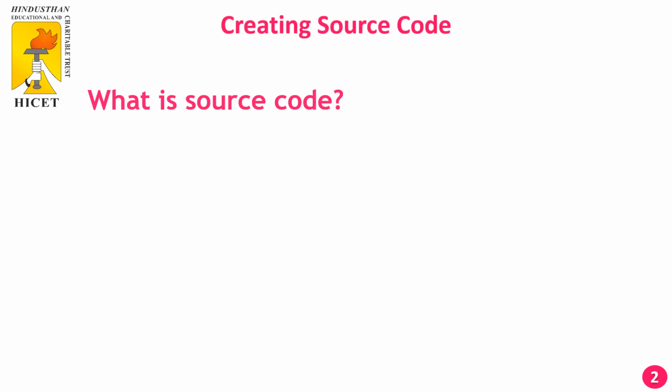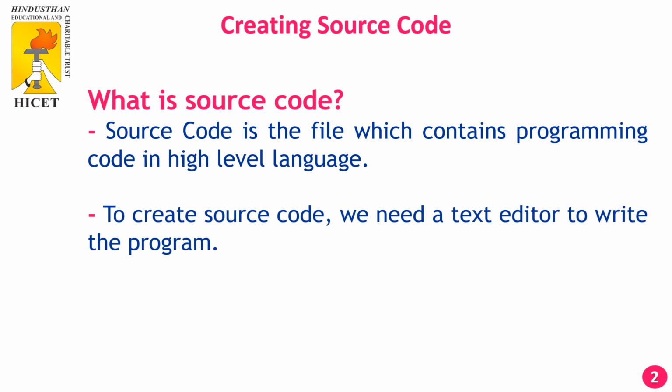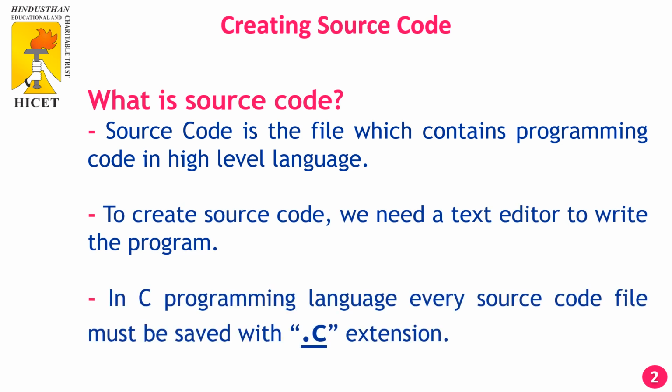Creating a source code. Before looking into how to create a source code, we have to know what a source code is. A source code is the file which contains the program, the executable statements written in a high level language. To create a source code, we need a text editor to write that program. In the C programming language, every source code is saved with the .c extension.